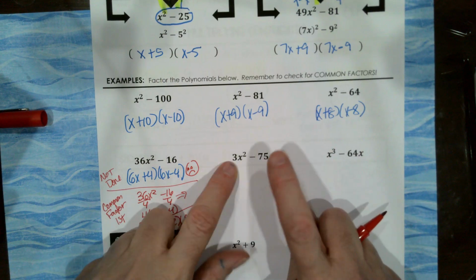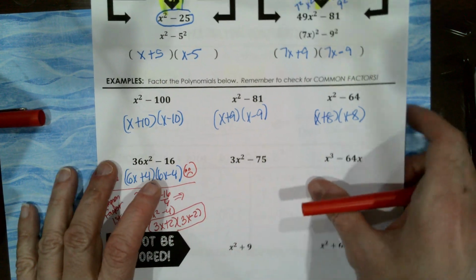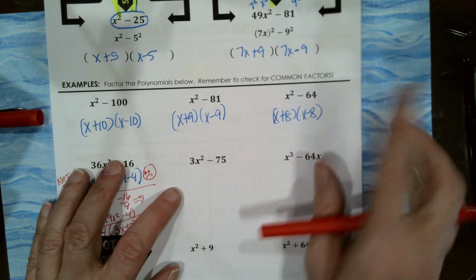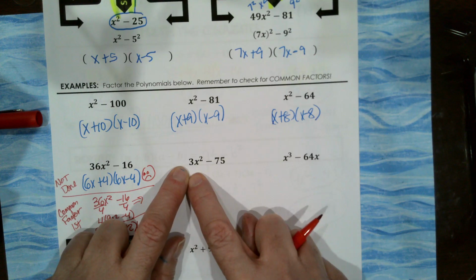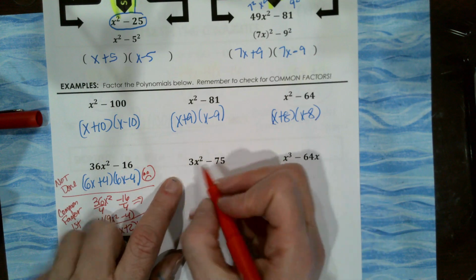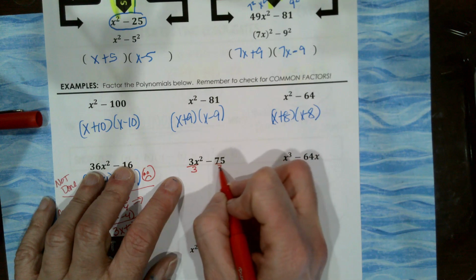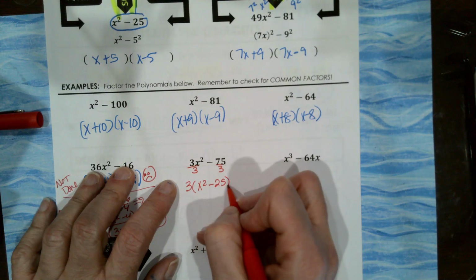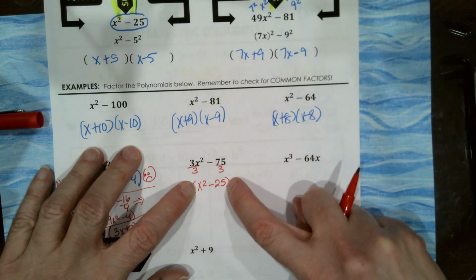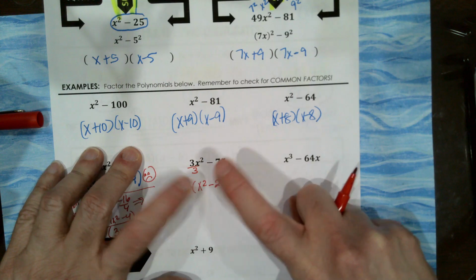All right. This does not appear to be a difference of squares because 75 is not a perfect square. 3x squared is not a perfect square. However, I notice they both divide by 3. And I get 3 times x squared minus 25. Now that I've pulled out that common factor, I do have a difference of squares. Perfect square, subtraction sign.